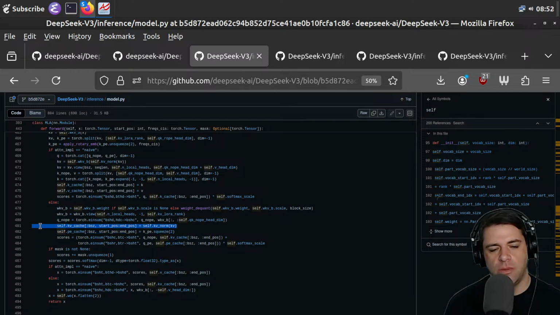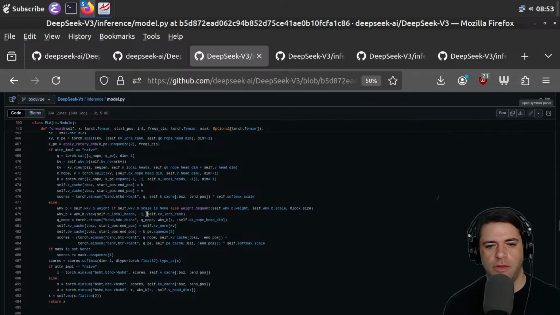That's what the paper said they were going to do with MLA. The PE cache is maybe the rope cache, and they're going to call KPE and squeeze to it. I don't know what squeeze is doing, but I think that this is somehow compressing rope stuff. And then we do some Einstein summation.